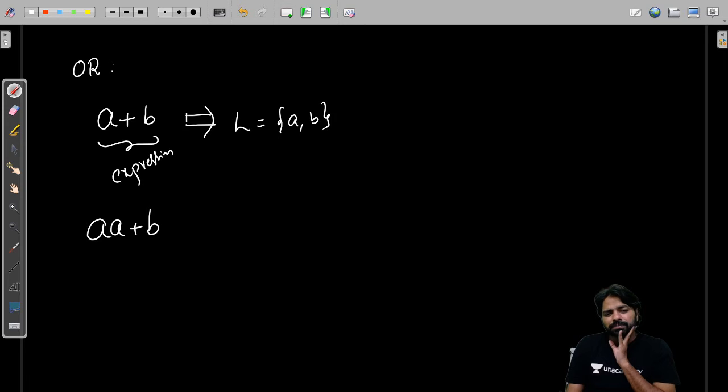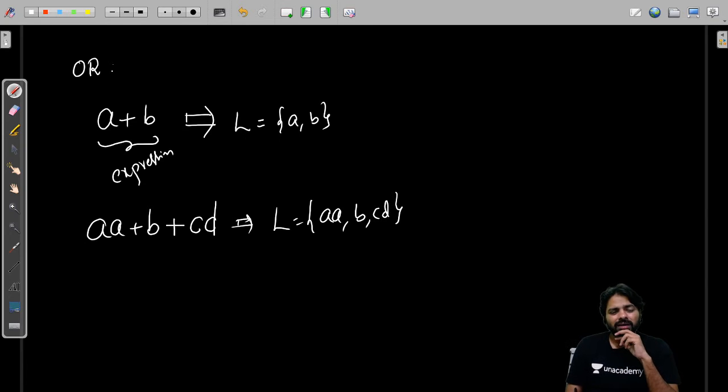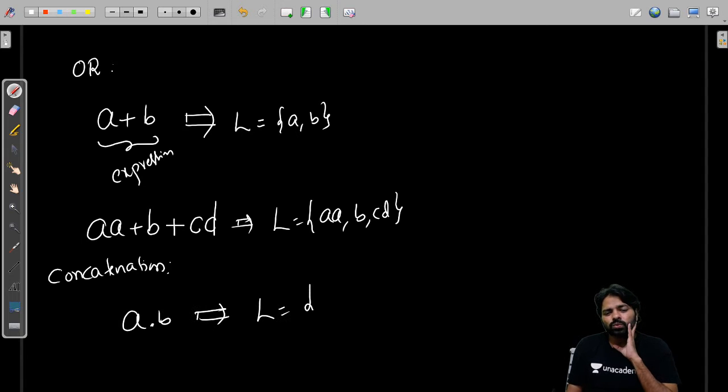If I have A plus B plus CD, let's say, then what is our language? A comma B comma CD, 3 strings only. But concatenation is different. If you have A dot B, the language has only 1 string, AB.